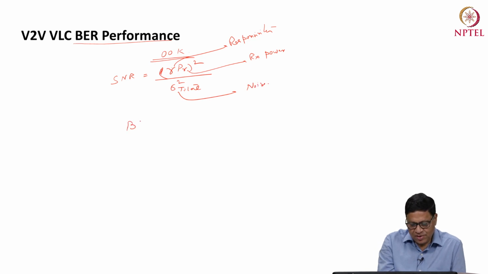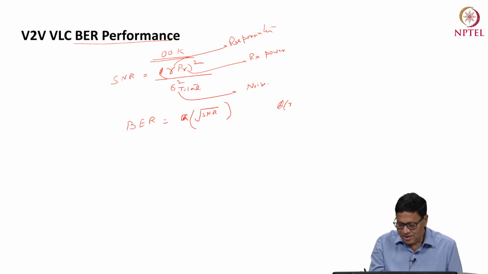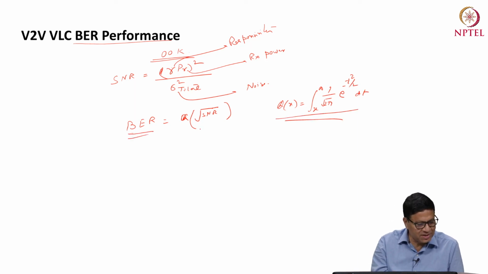And we know BER is defined by the Q function, nothing but Q of root SNR, because the first term is signal power divided by noise power. Let me write how you define the Q function: Q(x) is the integral from x to infinity of 1 over root 2 pi, e raised to the power minus t squared by 2, dt. So BER is given by Q of root SNR.